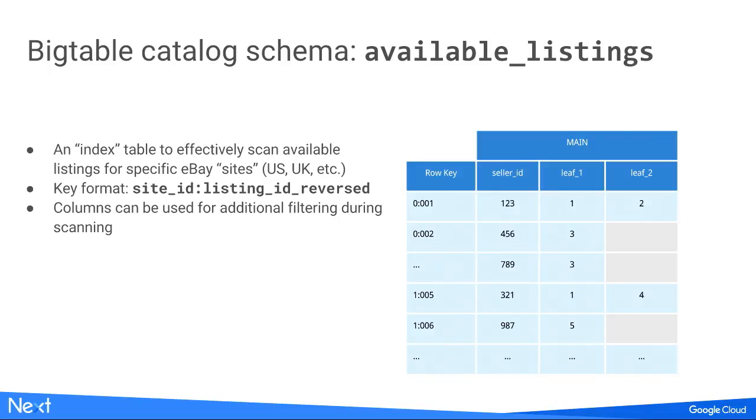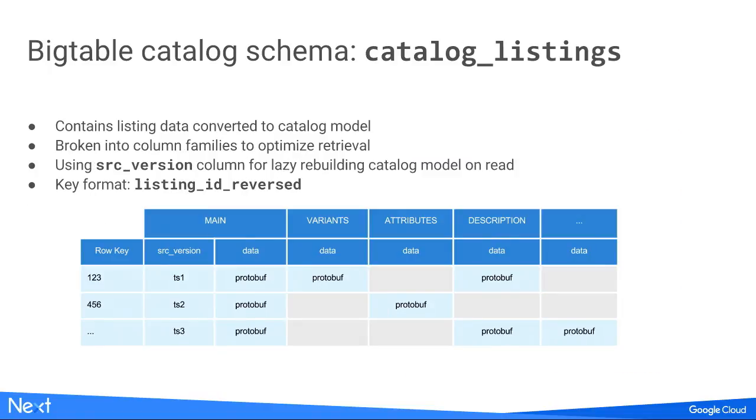And then we have a few columns, in this case seller ID and leaf category ID, in case we want to do additional filtering as we scan this data without having to do lookups against the raw listings table.